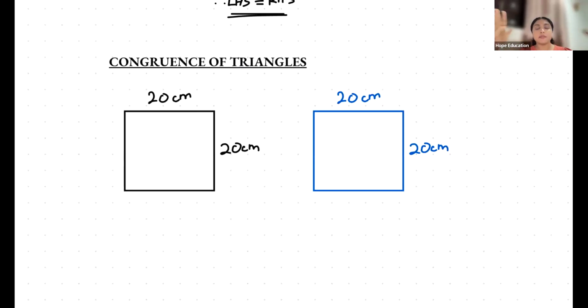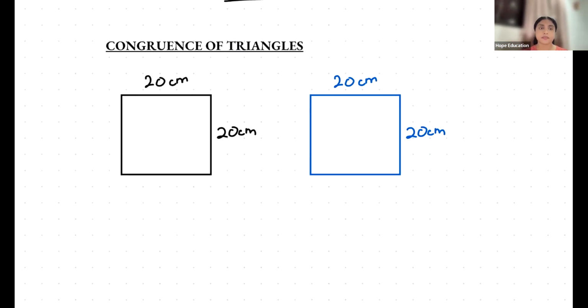Is it possible for me to keep these two? Now, these are plane figures, no? Is it possible for me to keep these squares on top of each other? Will they fit? If I keep these on top of each other, will they properly fit? Shweta says yes. Sasheli says yes.